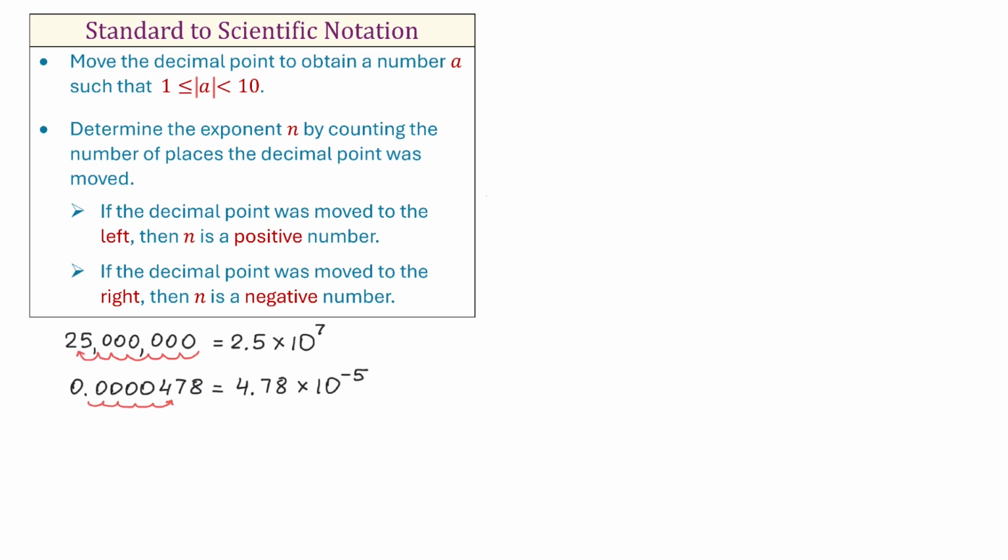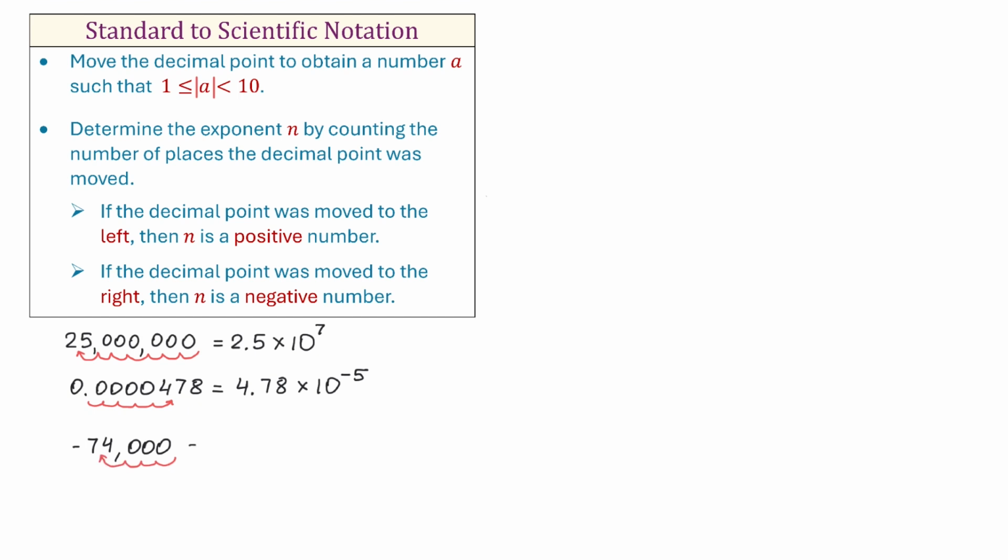Now let's try one more number, negative 74,000. So again, here we have an integer and the decimal point is to the right. So then we will move the decimal point to the left to obtain a number whose absolute value is greater than or equal to 1 and less than 10. In this case, we will move the decimal point 4 places to the left.